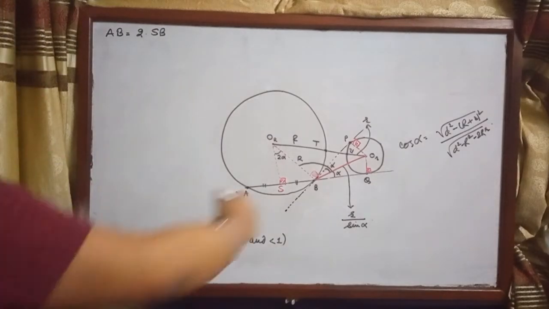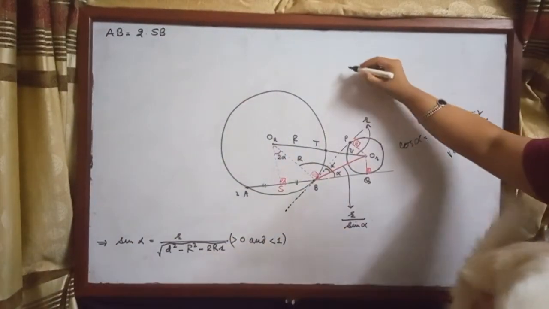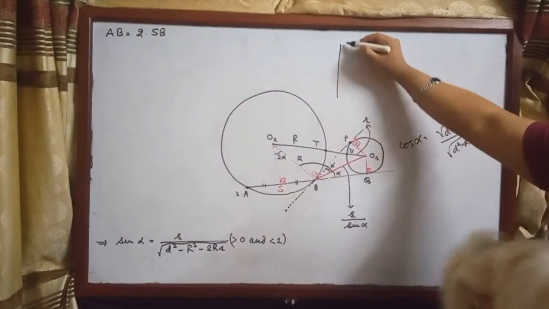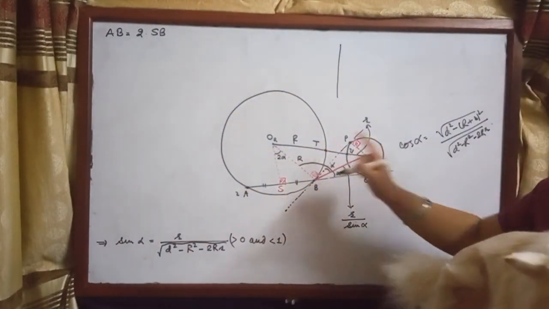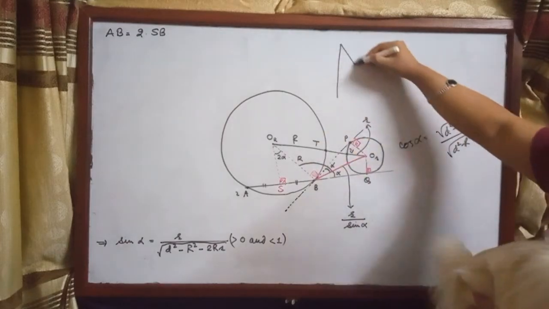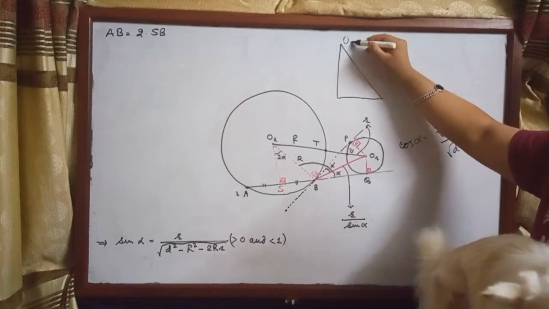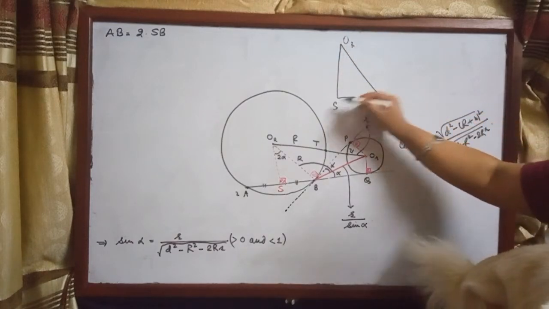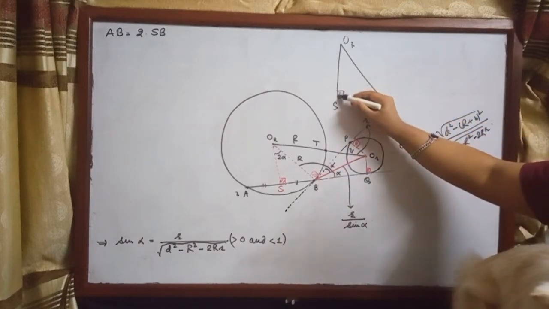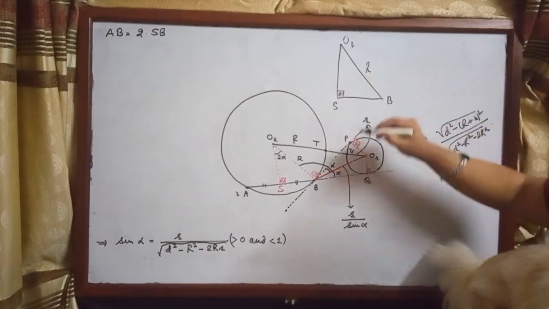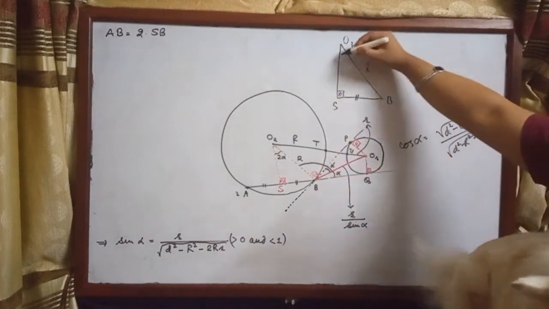Let's see. I hope you can see SB in terms of R, D, and alpha. OR, S, B. This is 90 degrees. And this is R. And SB means this is twice alpha.